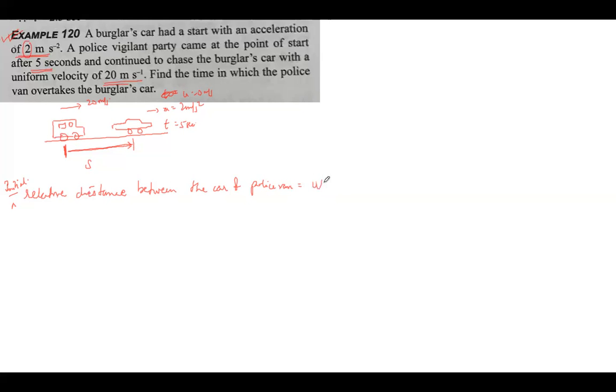U is 0, so you will put the values 0 into 5 plus half, acceleration is 2 into 5 square. So this will become 25 meter. This is the initial distance.